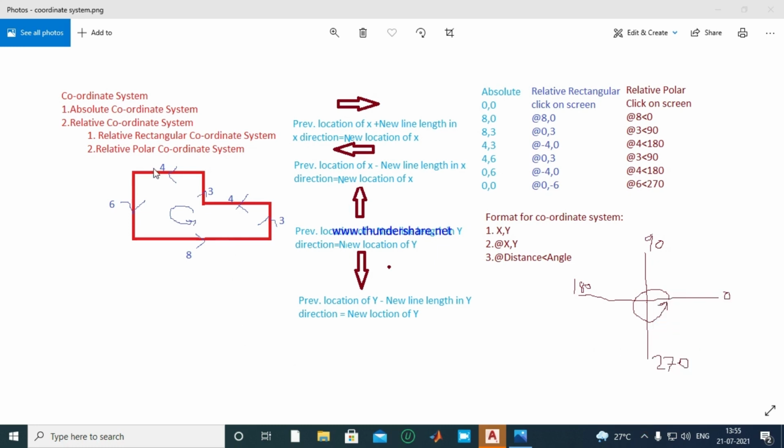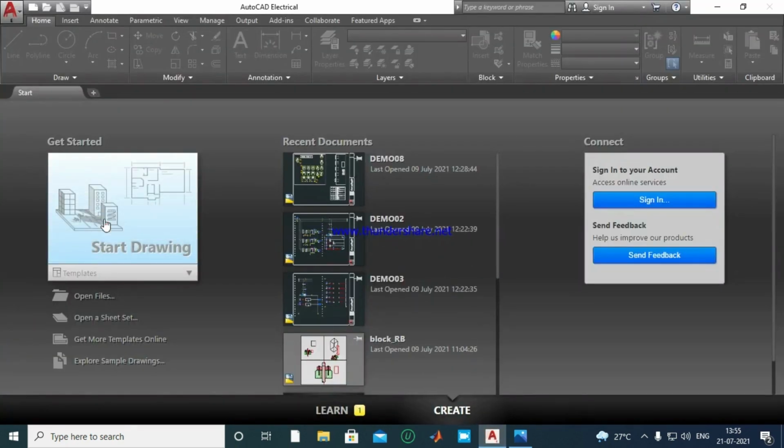I am going to draw this object using all three types: the absolute coordinate system, relative rectangular coordinate system and relative polar coordinate system. So let's start.